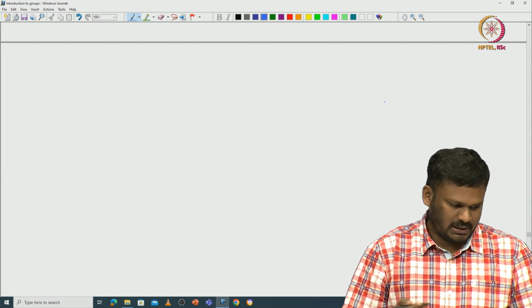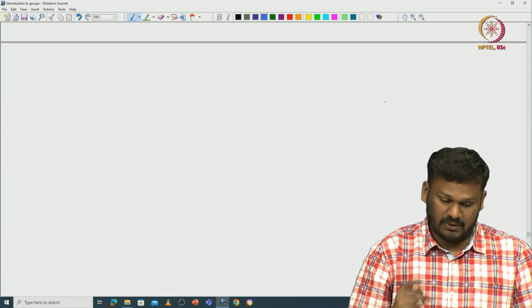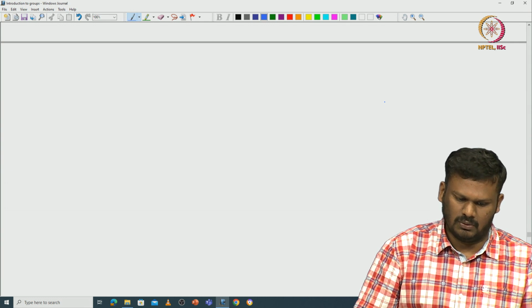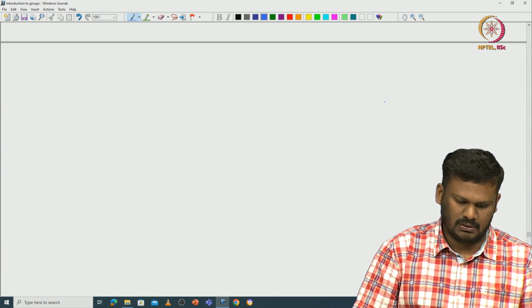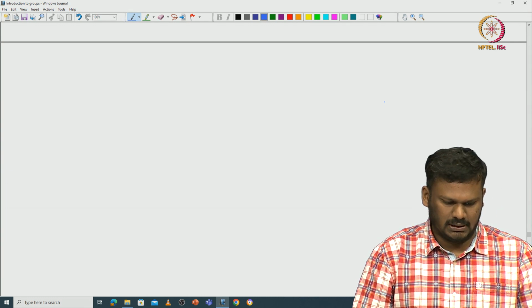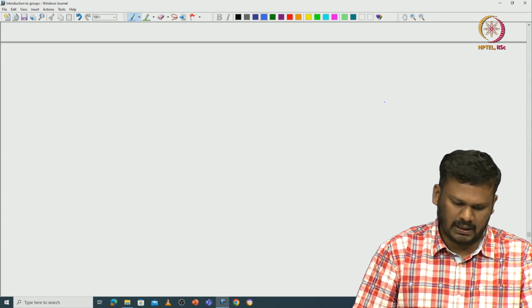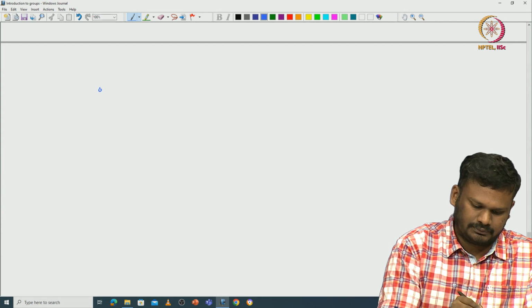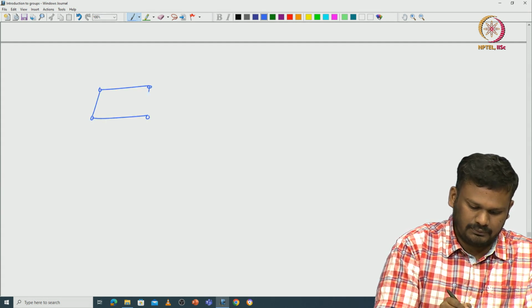We take the automorphisms of some graph, and I will demonstrate the claim that I made. Let us look at this cube. Let me draw it. This cube looks something like this.